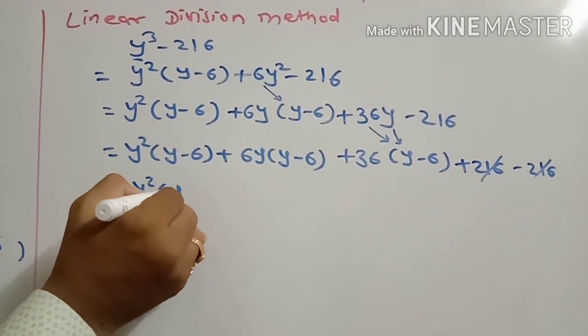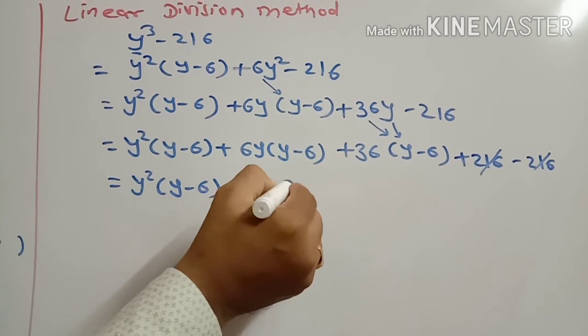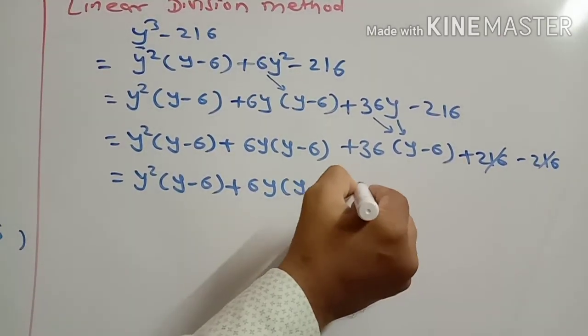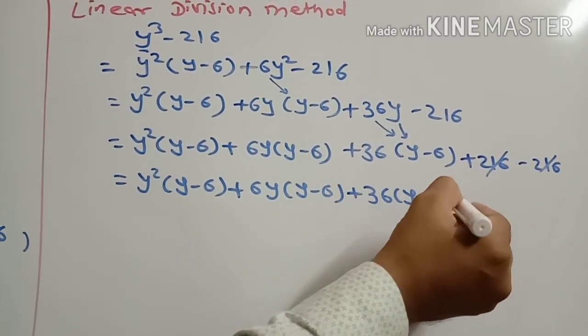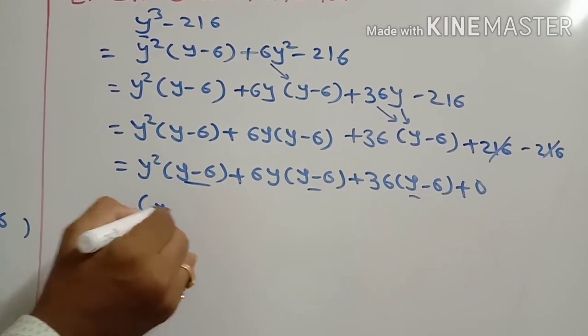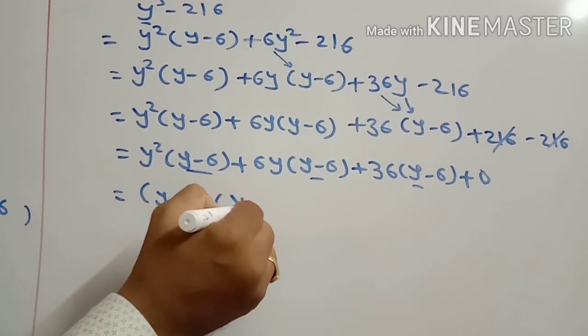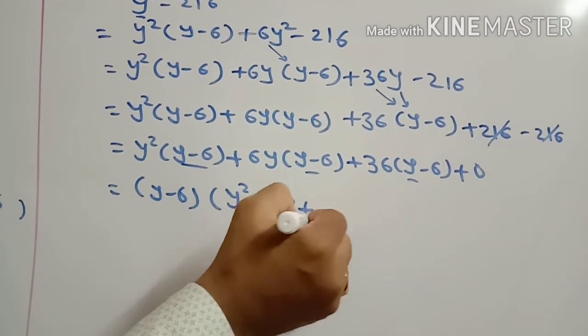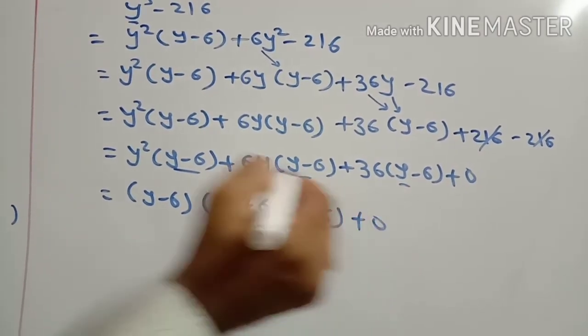That is y square into bracket y minus 6 plus 6y into bracket y minus 6 plus 36 into y minus 6 plus 0. Now from all these three terms y minus 6 is common. Remaining is y square plus 6y plus 36, plus 0.